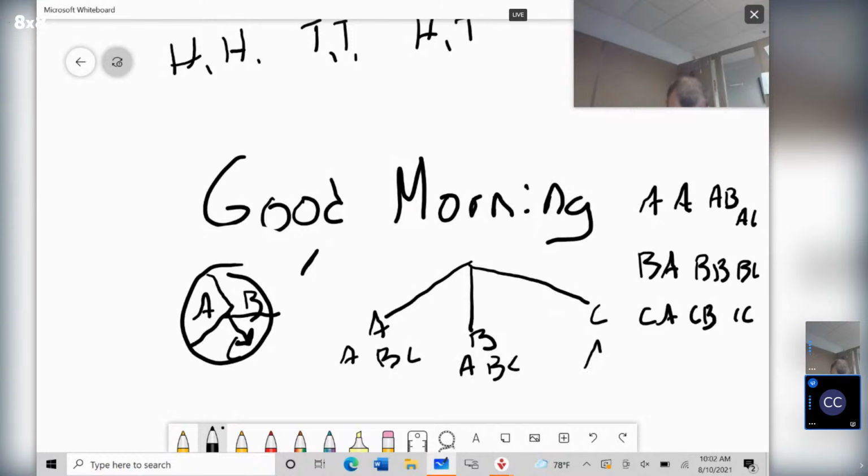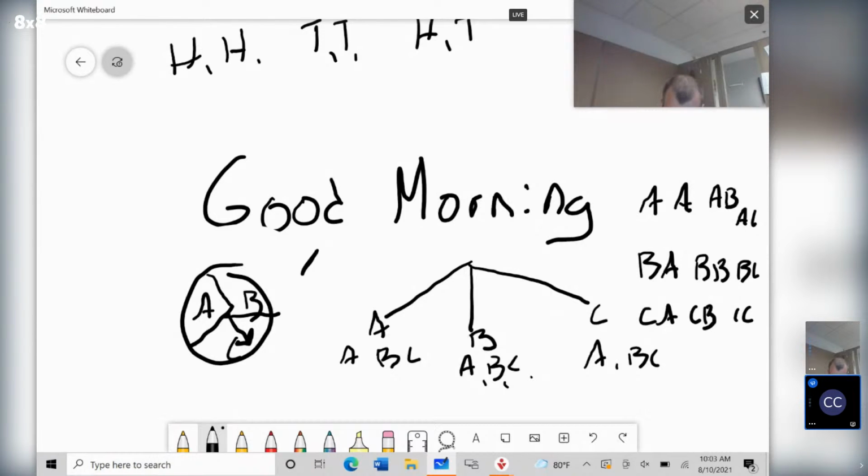And same thing down here, it could be A, B, and C. So you spin it once, it could be A. And the second time, it could be A, B, or C. Say you spin it, it lands on B. The second time you spin it, it could be A, B, or C. You spin it one time, it lands on C. The next time, it could be A, B, or C.